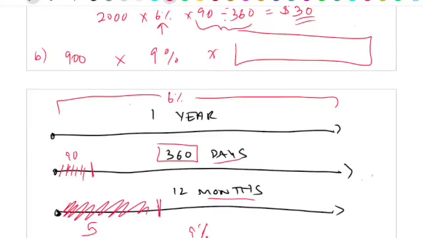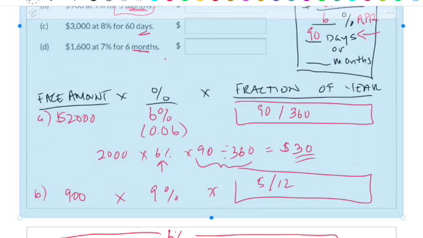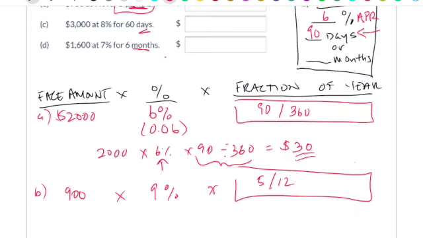So we want to take 5 out of the 12 months. So we're going to do 5 divided by 12. If we do that math, we have 900 times 9%, not 6%, 9%, times 5 divided by 12. That will give us $34 of interest.